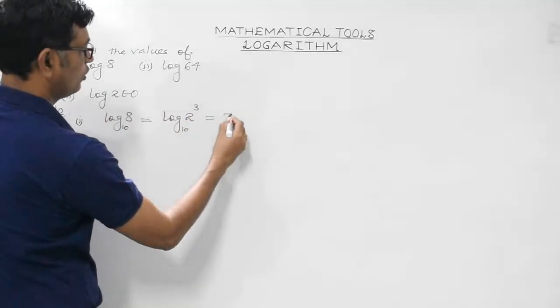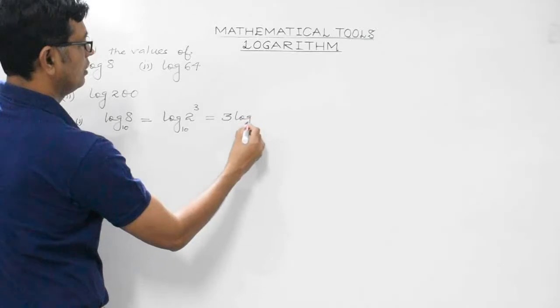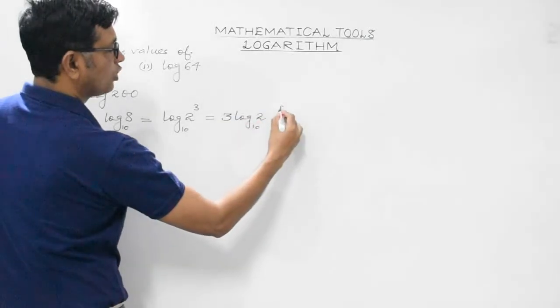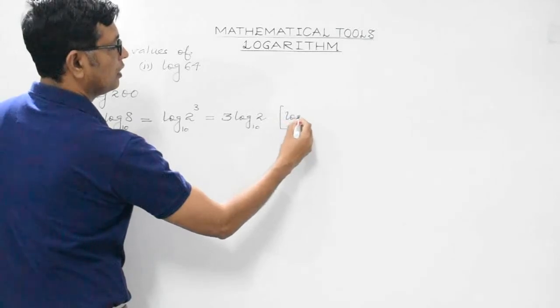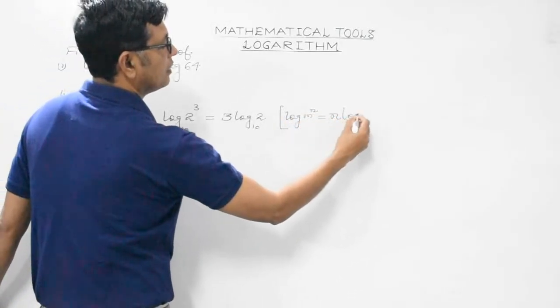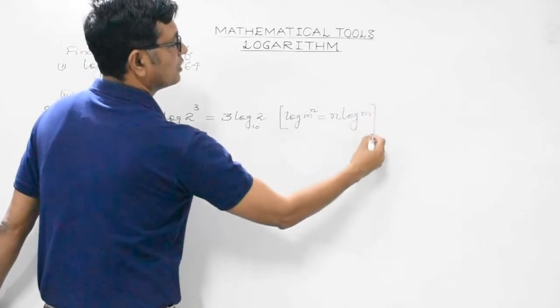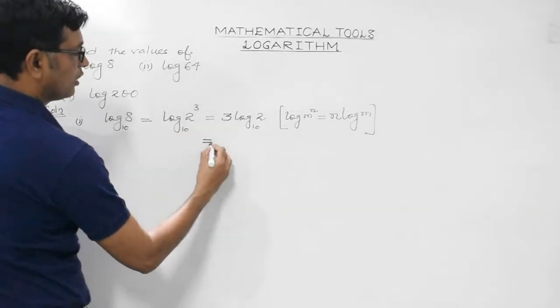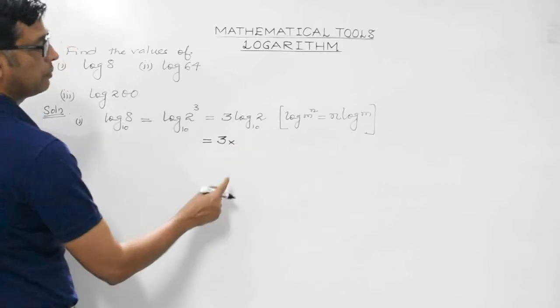So it will be equal to 3 log 2. Which rule have I made use of? It is log m to the power n is equal to n log m. This is the rule which I have made use of. Clear, students?